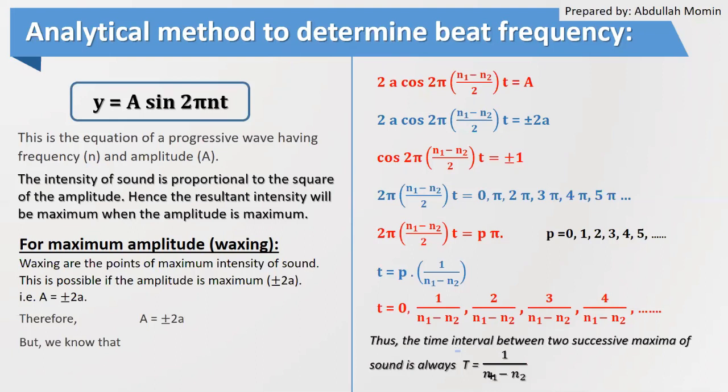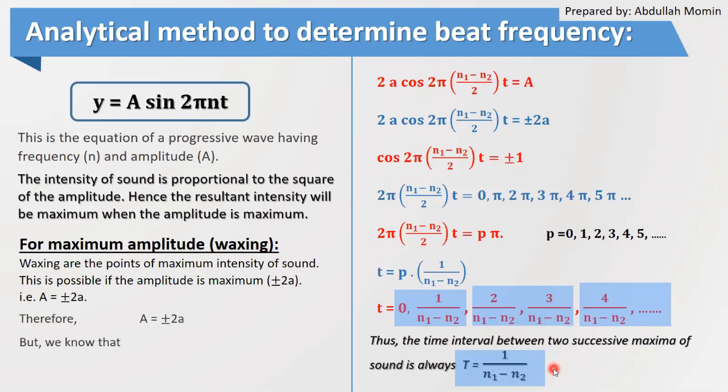The time interval between two successive waxings is 1 upon (n1 − n2). This is the difference between the first and second, and similarly third and fourth, fourth and fifth. When you calculate the difference between two successive waxings, we get t, the time interval, that is the time period of waxing, equal to 1 upon (n1 − n2).